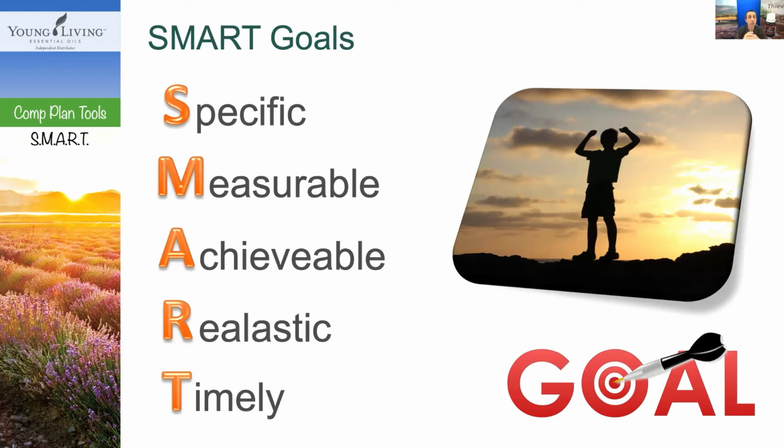And this tool will help you to determine if your goals are realistic and achievable, because you can put the information into it, you can see what you're achieving, what you're trying to achieve, and break that down to how many new members your team needs to grow by each month. And is that realistic for you based on the amount of time you can spend on growing your Young Living organisation?